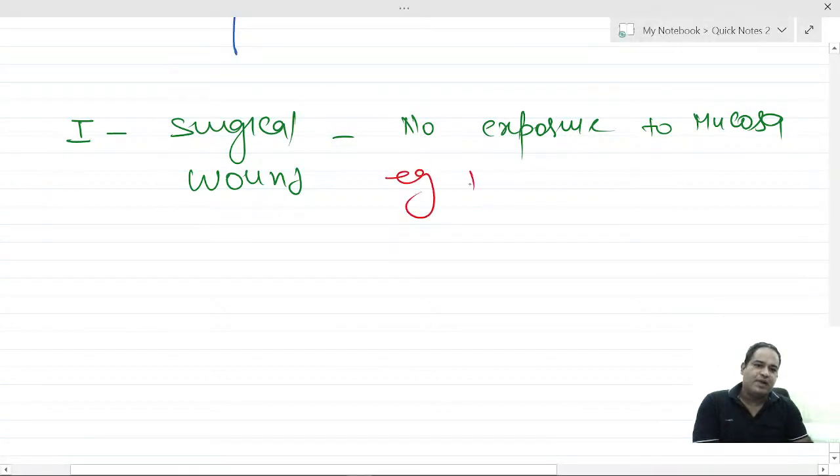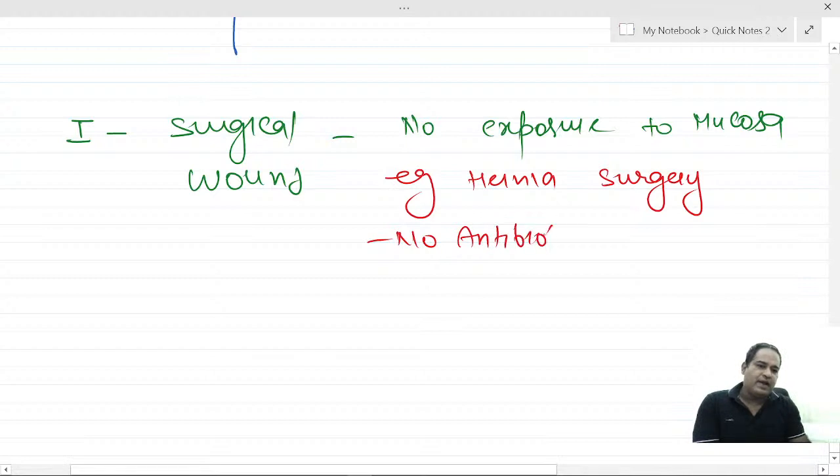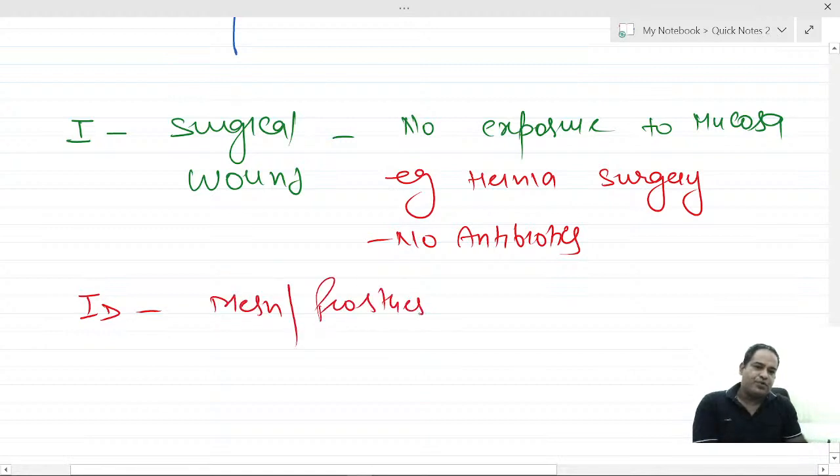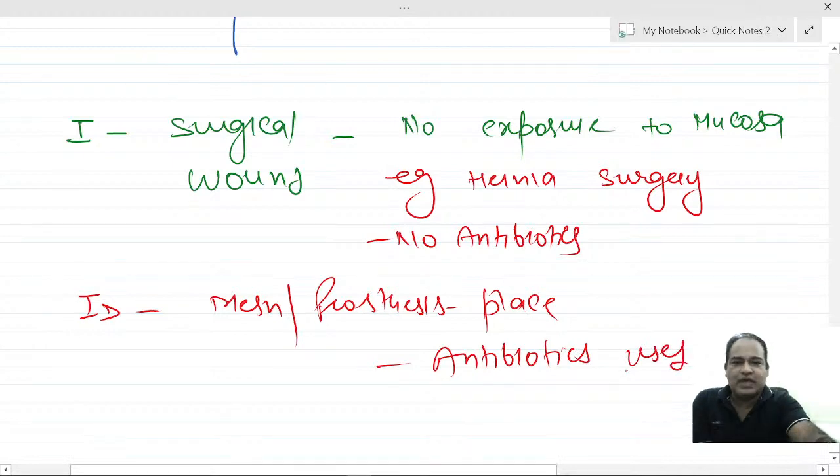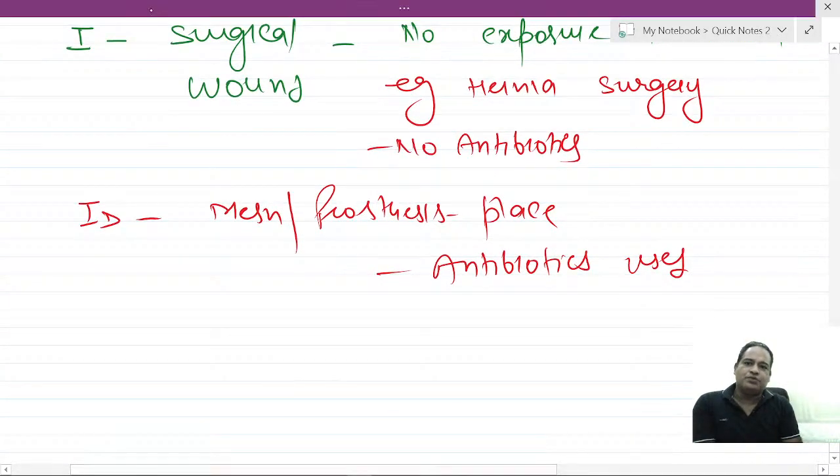For example, hernia surgery. So no antibiotics may be used. 1D, when mesh or prosthesis is placed, antibiotics are used.